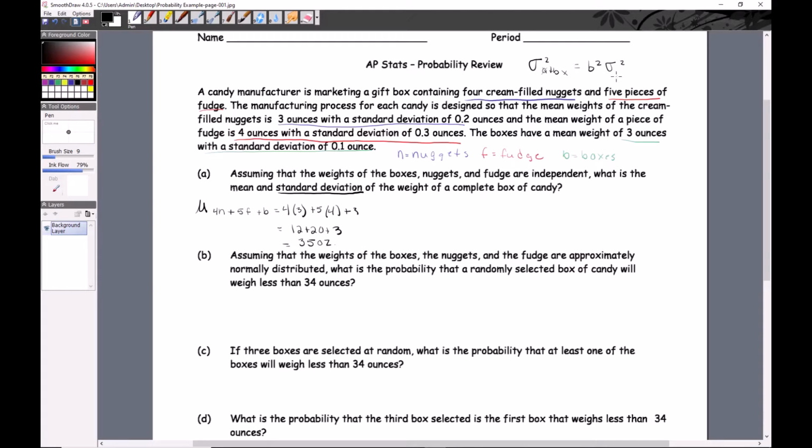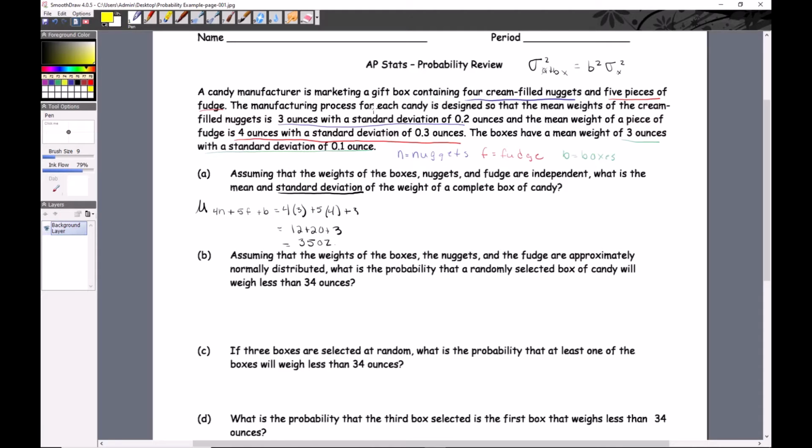And that was fine. Here, though, it's going to be a little bit different, from the standpoint that each of your cream-filled nuggets counts as its own random variable. And each of your 5 pieces of fudge counts as a random variable too.